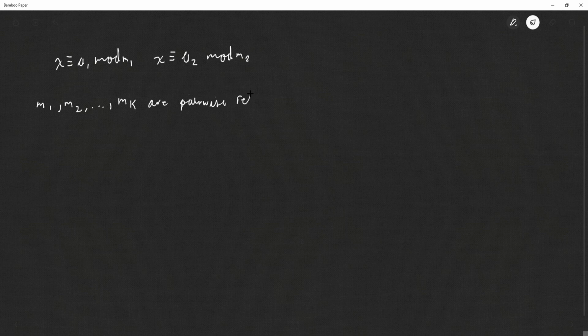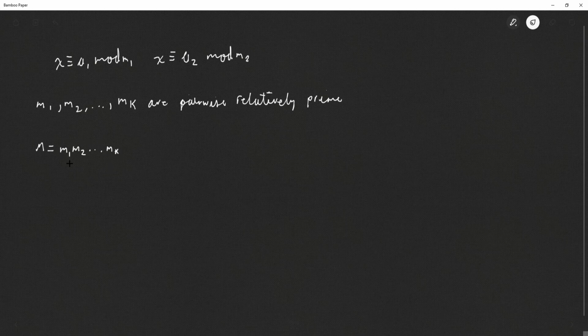So now we're going to go over the official statement. If we have x is congruent to a1 mod m1, and x is also congruent to a2 modulo m2, and the moduli being m1 and m2, but in general cases going up to mk, are pairwise relatively prime, then there exists a unique solution modulo M, where capital M is equal to lowercase m1, m2, all the way up to mk.